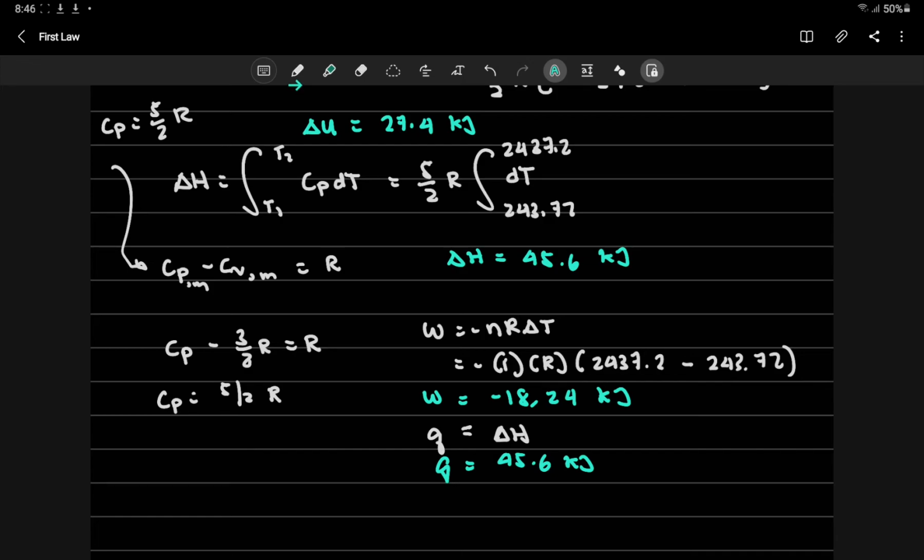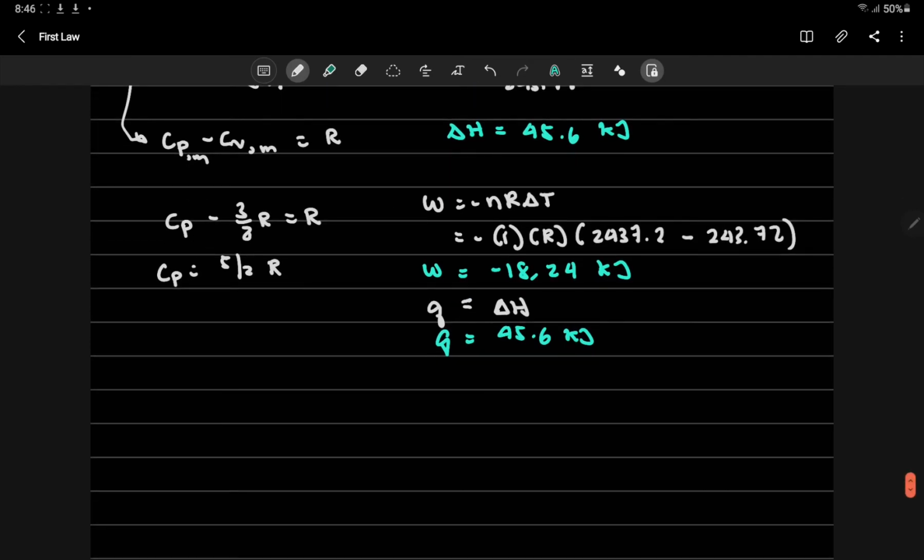Now, let's go to the third step. The third step is cooling at constant pressure. Okay? So, no, not constant pressure, but constant volume.